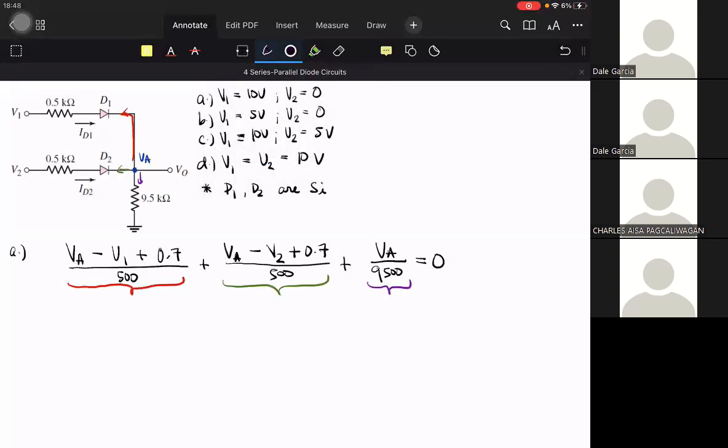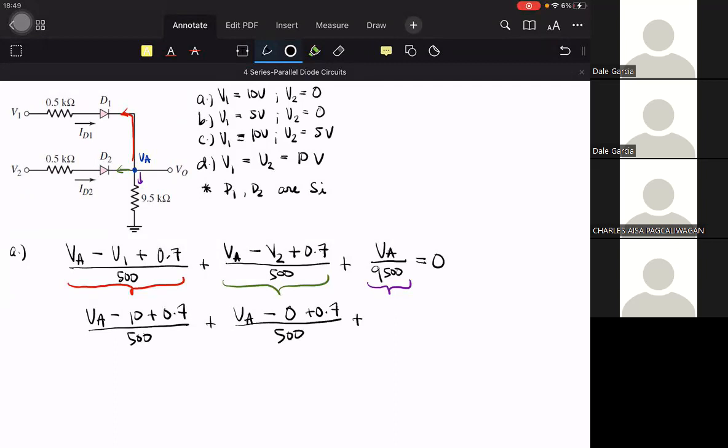So, VA minus 10 plus 0.7 over 500, plus VA minus 0, 0 man si V2, plus 0.7 over 500.